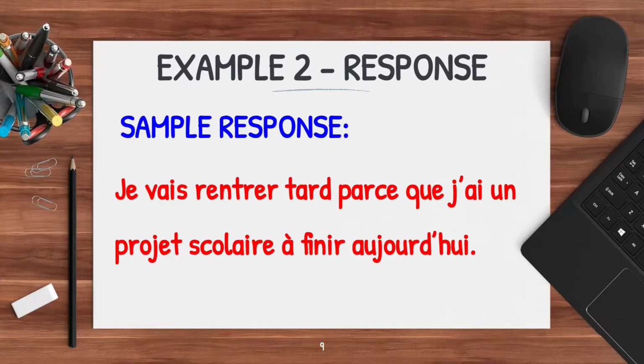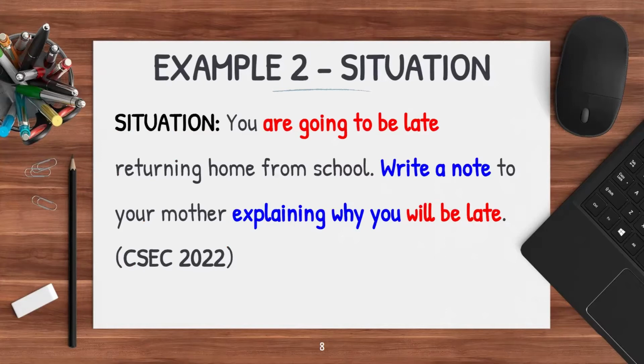So this is in the future tense, and we have fulfilled what the situation requires us to do. Because if you take a look back here, we were supposed to explain why you will be late.